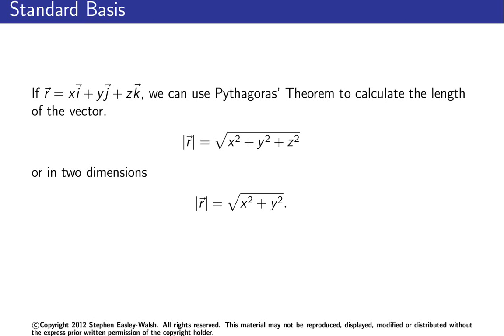Now, the proof of the two-dimensional case almost goes without saying. Or what I mean is, the proof is something that you would have seen a long time ago. It's not a particularly big proof or difficult proof. In fact, Pythagoras' theorem is one of the basic theorems you have for geometry and trigonometry.